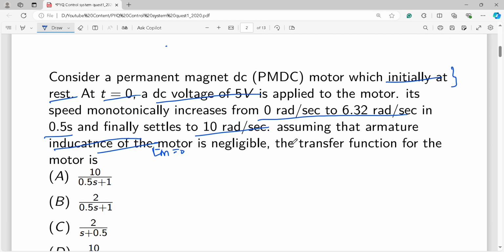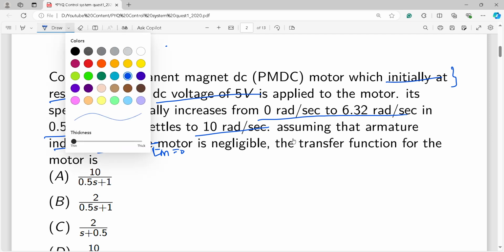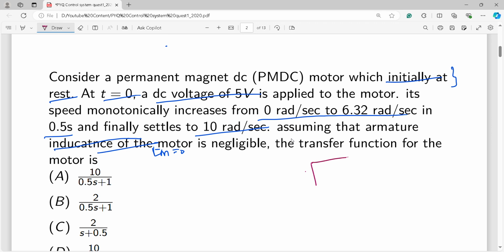So how to solve this question is very simple. For example, this is a PM DC motor. This is an open loop system. No matter what, we just give the input and find the output. This is our input, which we are giving in terms of voltage.